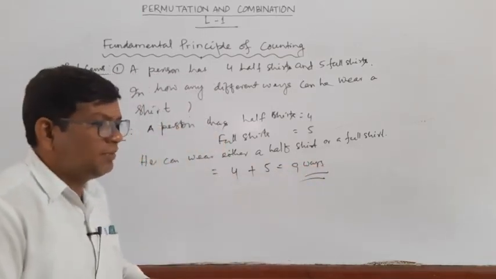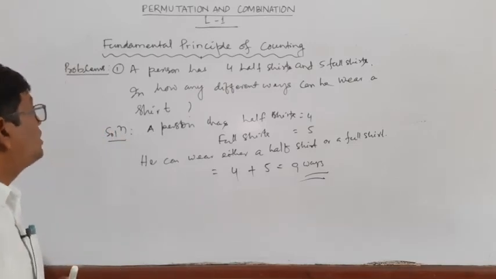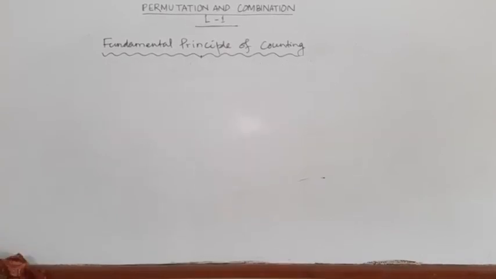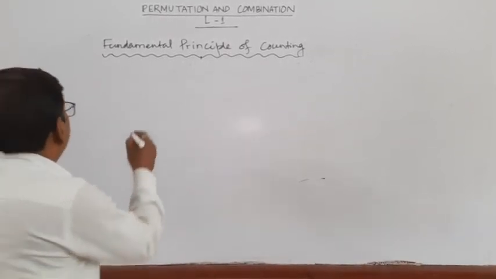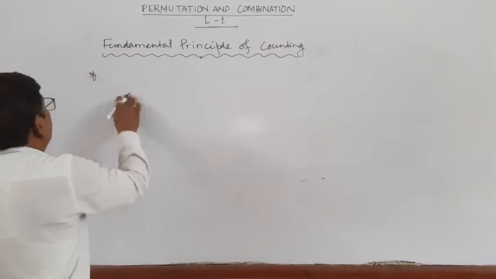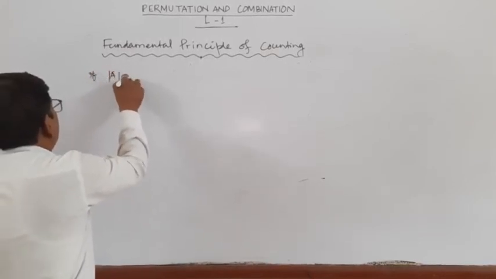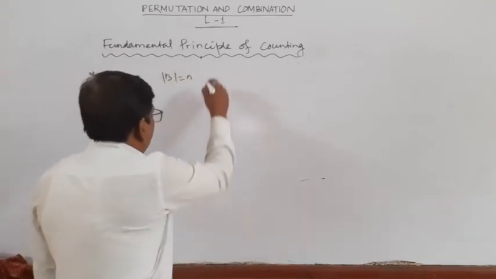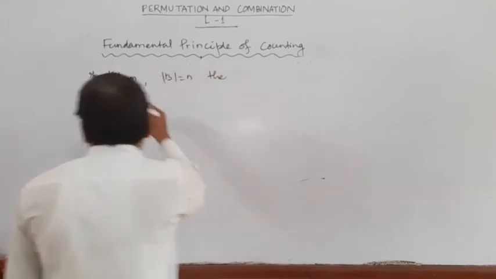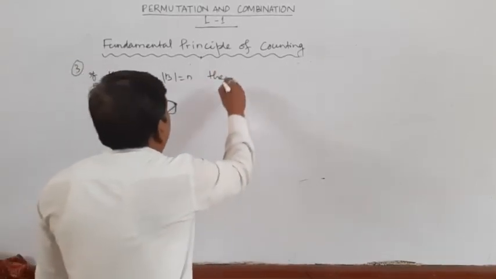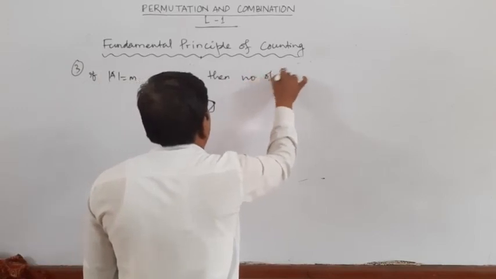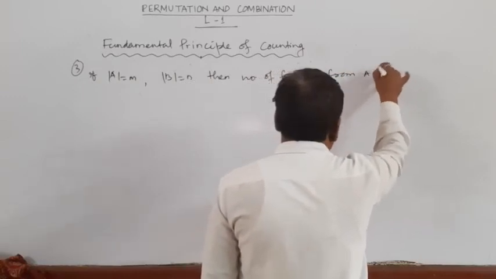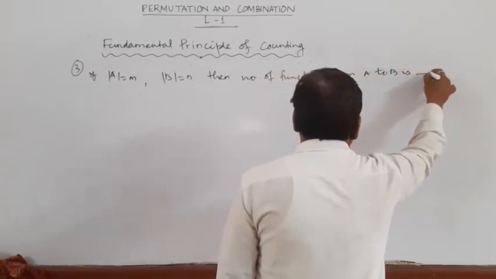Now there are many questions regarding the principle of counting. Third question: if cardinality of A is equal to m and cardinality of B is equal to n, then the number of functions from A to B is dash.